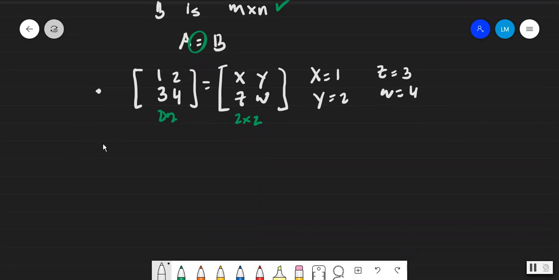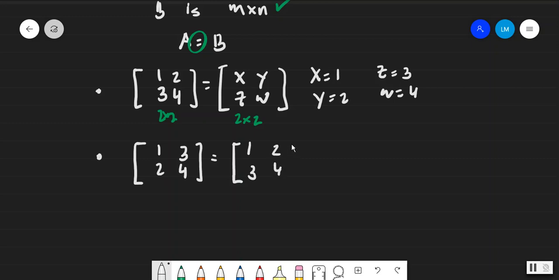However, what if the matrix was different, where you had, let's say, 1, 2, 3, and 4, but let's say that this is equal to 1, and then you have 3, and then we have a 2, and then we have a 4.